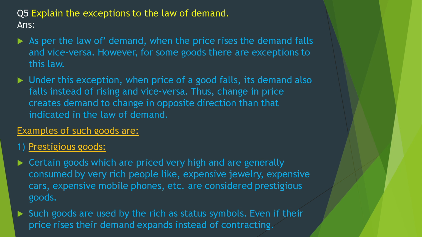Examples of such goods are prestigious goods, which are priced very high and are generally consumed by very rich people, like expensive jewelry, expensive cars, expensive mobile phones, etc. Such goods are considered prestigious and are used by the rich as a status symbol. Even if their price rises, their demand expands instead of contracting.